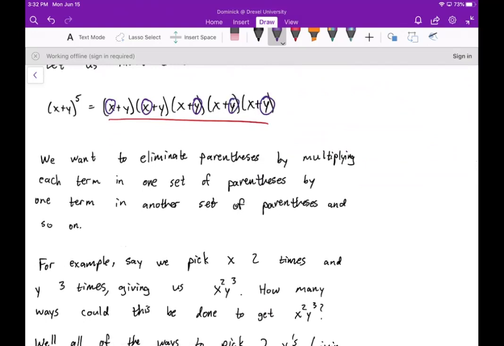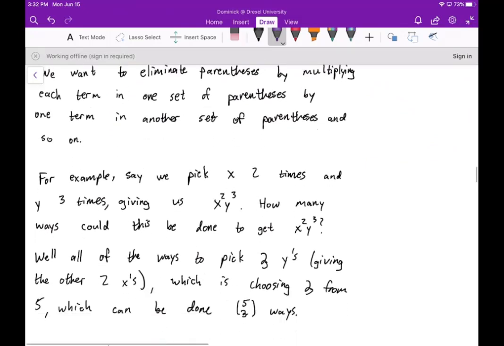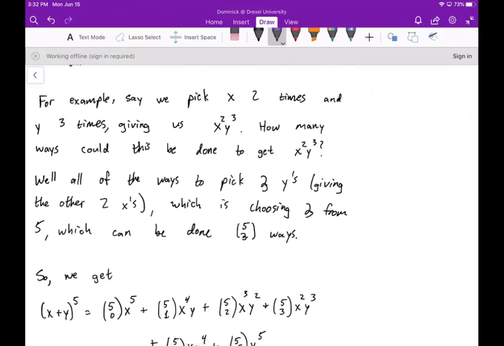Now that's going to give you an x squared y to the third. Now, of course, how many ways could you have done this to get x squared y to the third? Well, of all the ways to pick 3 y's, which would leave the other 2 being x's, you're basically choosing 3 from 5, which can be done in, of course, 5 choose 3 ways.